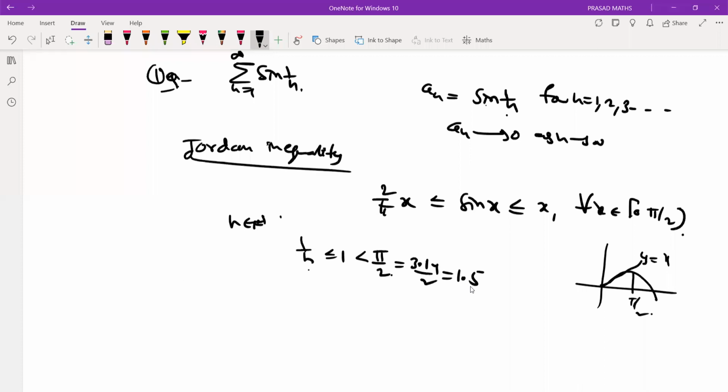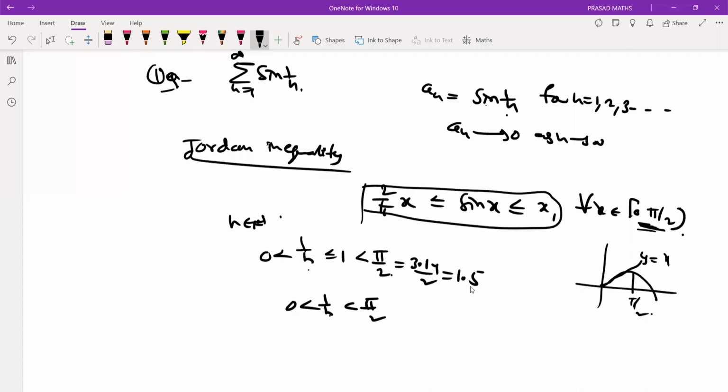Therefore 1 by n is sitting inside this interval. 1 by n is positive and less than pi by 2. Therefore 1 by n satisfies Jordan's inequality. Therefore sin 1 by n is less than or equals to 1 by n. This is true for every n.